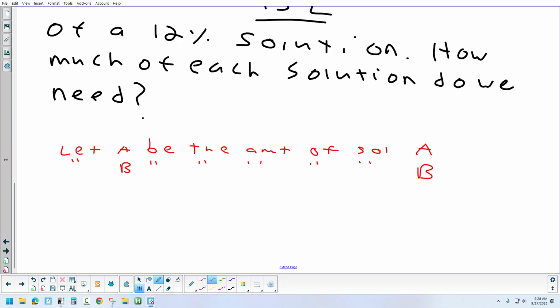Okay. So what do we know about the total amount of liquid we want to have when we're done? We want to have 15 liters. So could you write an equation that takes into account mixing these two solutions together and getting a total of 15 liters?